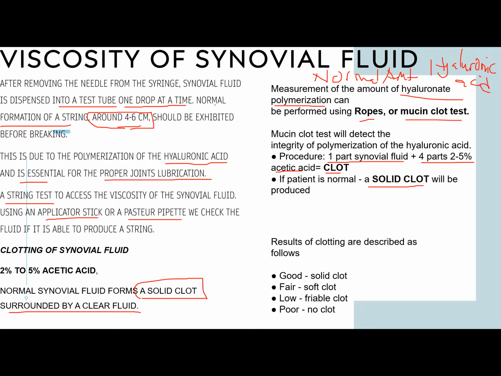So this is the test, the Ropes or mucin clot test, which uses 2 to 5% acetic acid. If it's a normal result, a solid clot surrounded by a clear fluid. Then you would describe the results according to the following.